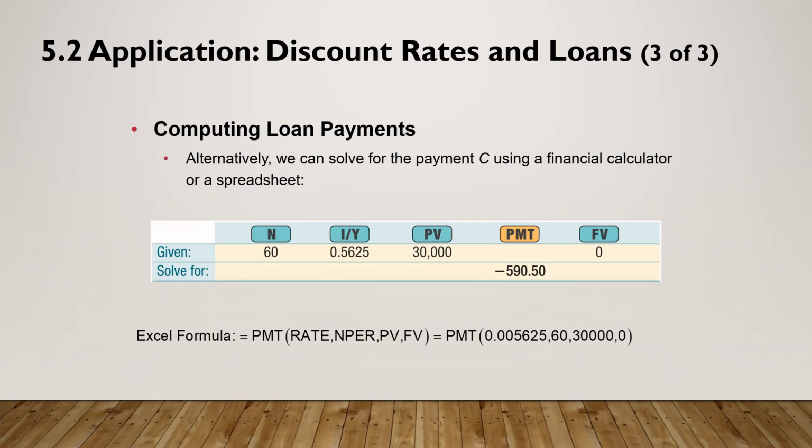Consequently, while your payment remains consistent throughout the entire 60-month duration of the loan, the portion allocated to cover interest gradually diminishes, allowing the remaining part to contribute more significantly to further reducing your principal. And you can use a financial calculator to figure it out, or of course, use Excel, where you will input the formula in the spreadsheet.